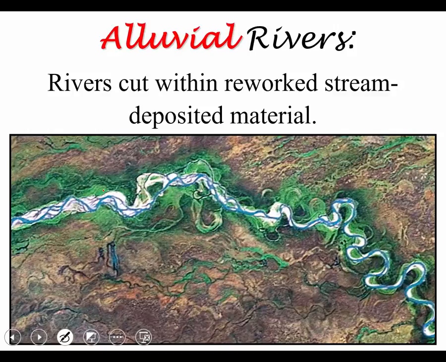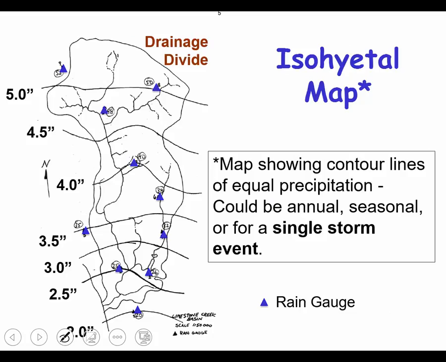We're going to focus on alluvial rivers, and alluvial rivers are those rivers that are not entrenched in bedrock. They are, in essence, reworking their own stream-deposited sediments. And as a result, they're much more mobile. These are the rivers that change. And so these are the rivers that we are most concerned with respect to this course, at least.